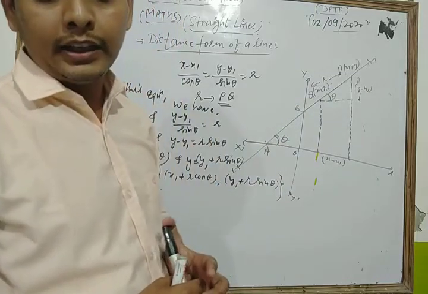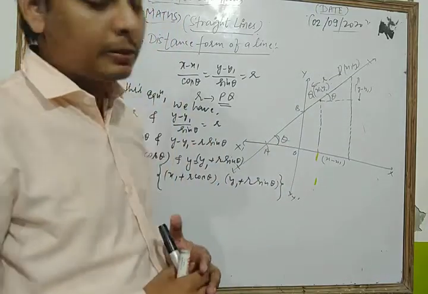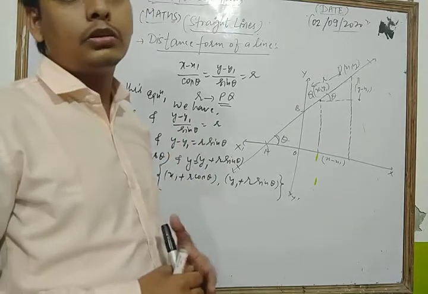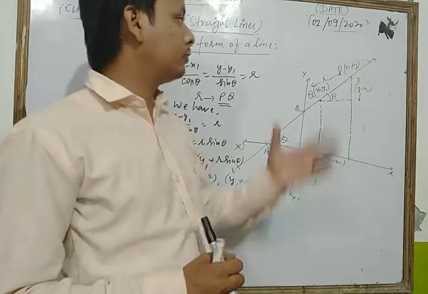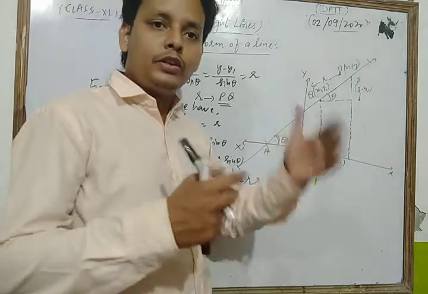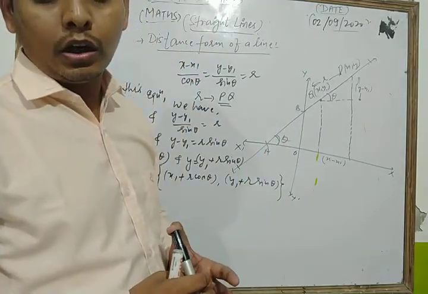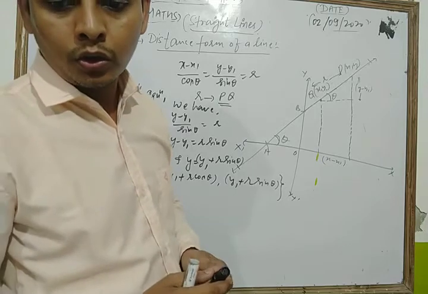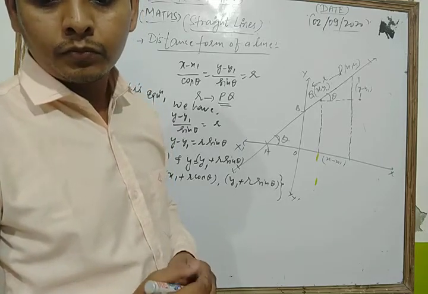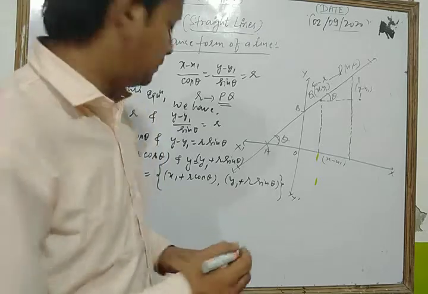So in the above form we can determine the coordinates of any point which lies on the line at distance r from the given point through which the line passes. Since there are two such points, r can be taken as positive and negative.